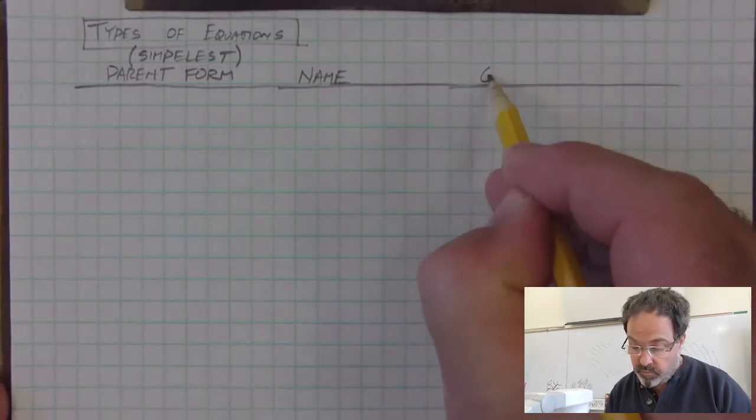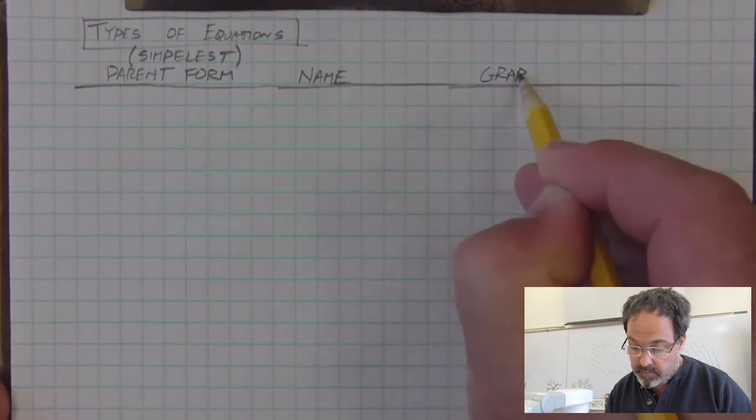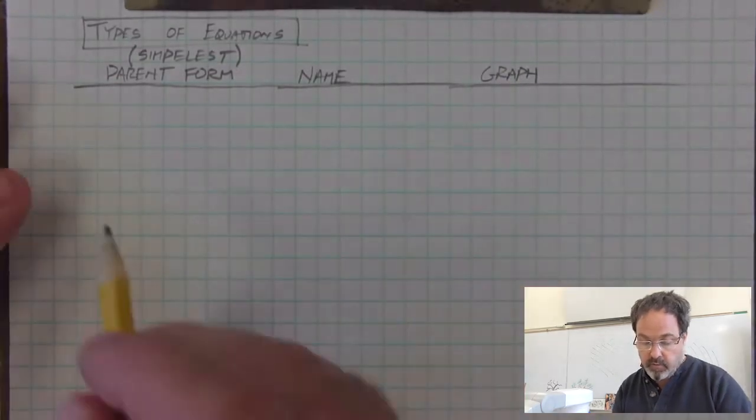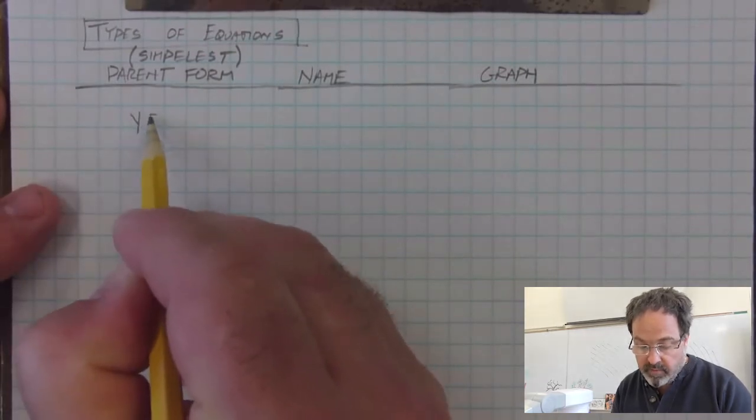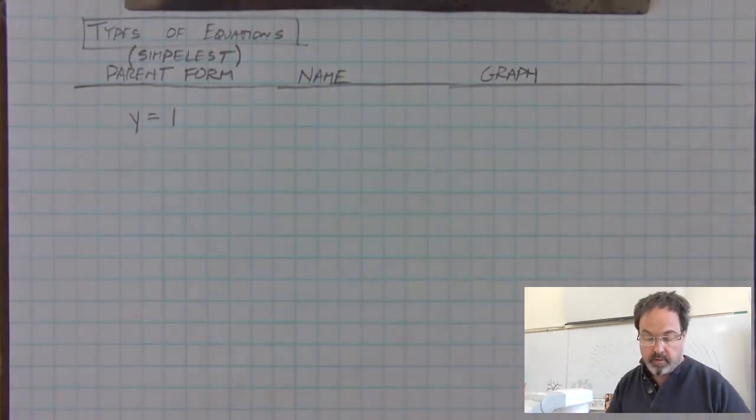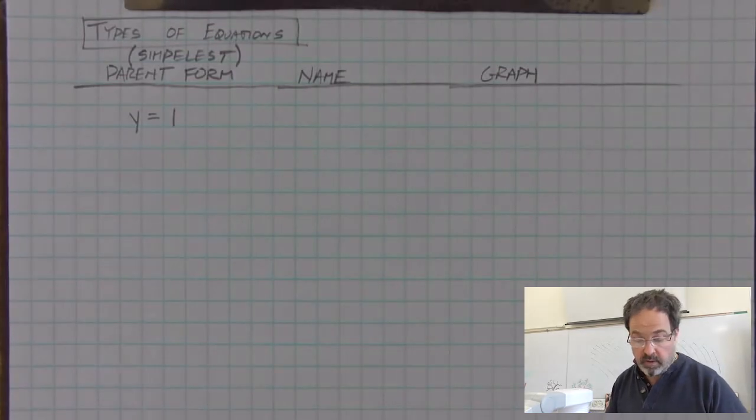And then we'll sketch a graph of these. The first equation is y is equal to 1, a very simple equation. Y is equal to the constant value of 1. There's no variable in this equation.